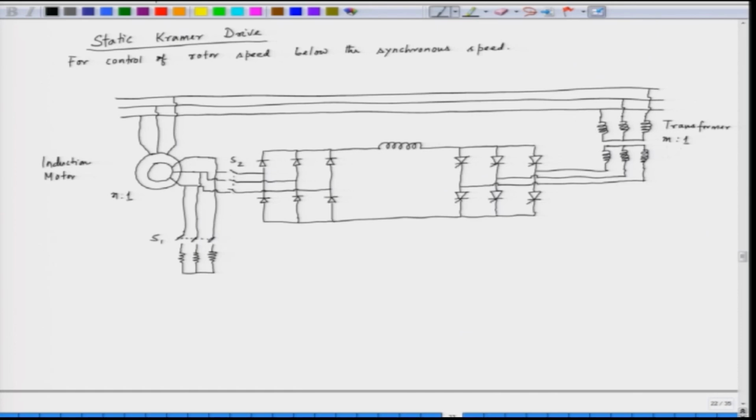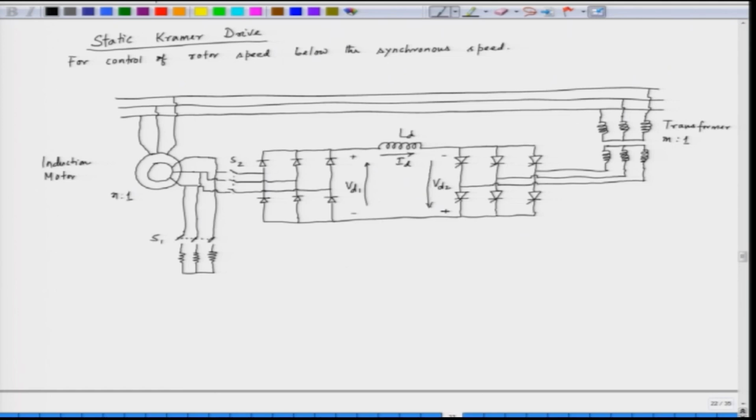The inductor in the DC link is LD, and the current flowing through the DC link is ID. The output of the rectifier bridge is VD1, and the output of this thyristor converter is VD2. VD1 is in this direction, VD2 is in this direction.